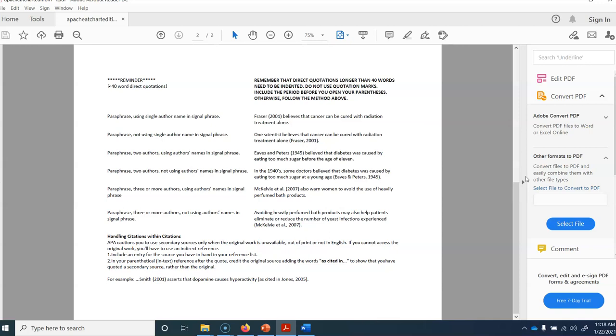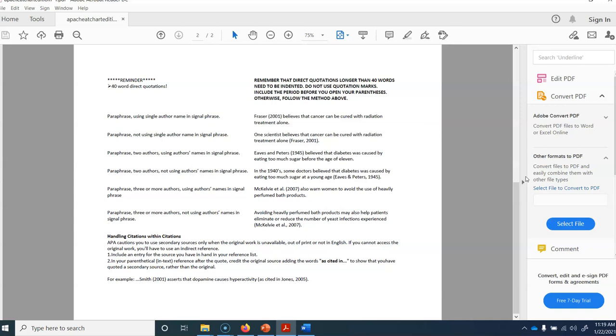So if I'm paraphrasing and I have one author and I'm using the name in my sentence, I'm going to put in the author's name followed by the year of publication. So take a look at the example here. Fraser, that's my author, bracket, year of publication, bracket, believes that cancer can be cured with radiation treatment alone.